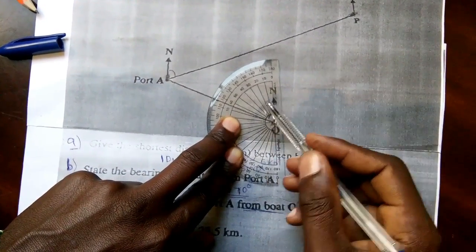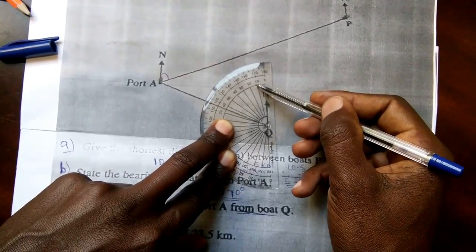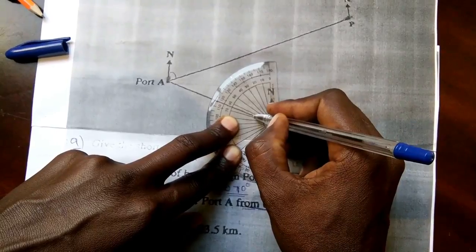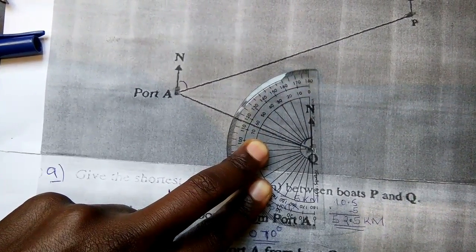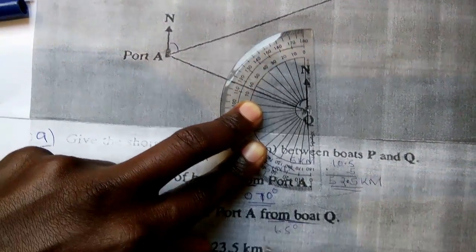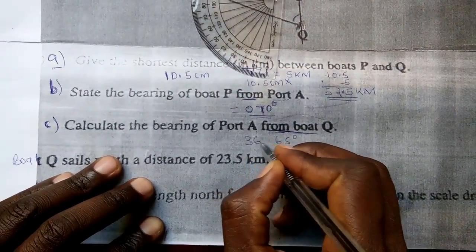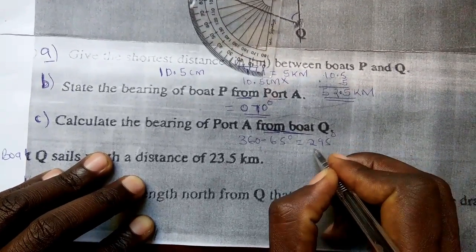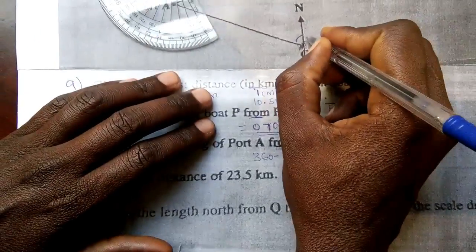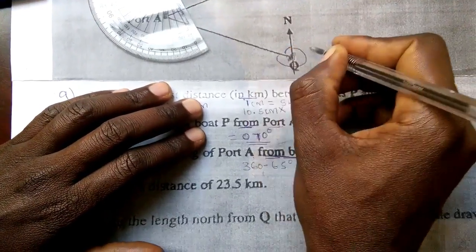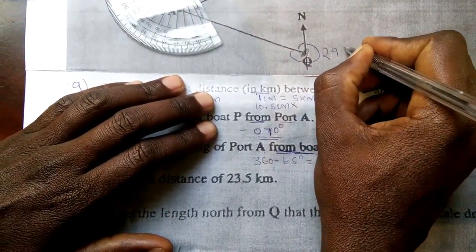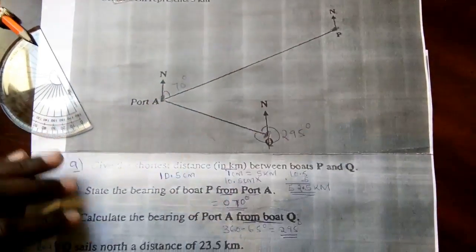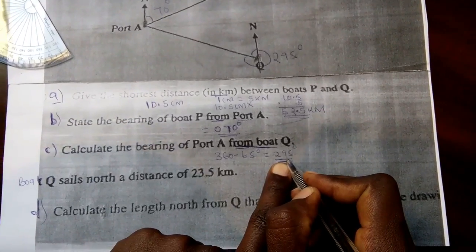We now use the inner one. So this is 65 degrees. So we say 360 minus 65, the answer is 295 degrees. So this is the answer, 295 degrees. This one was 070 degrees. So this is the answer for this one.